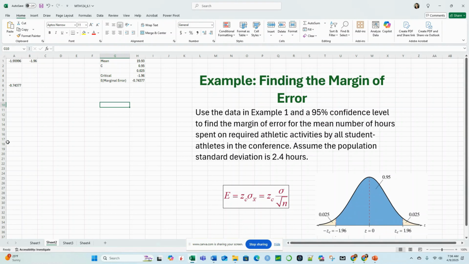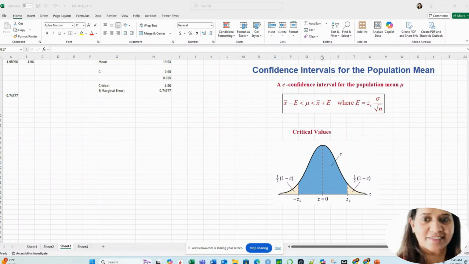And now finally we are going to find the confidence interval for the population mean. We already found the mean and the marginal error. So in order to find the bounds of the confidence interval, this is a left bound and right bound.